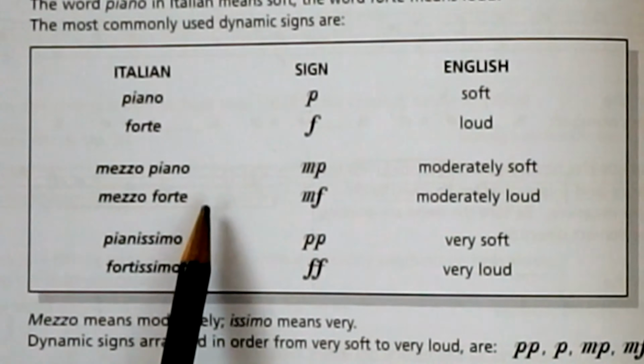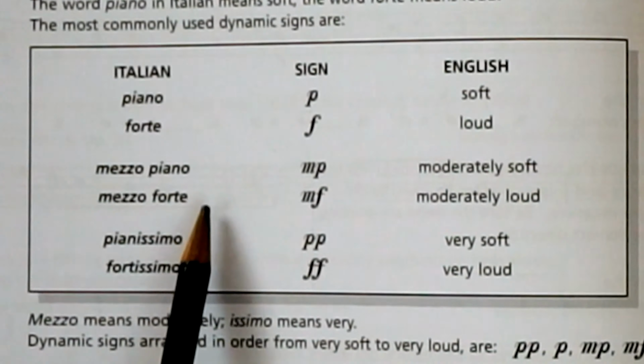All right, now time for DC, DS, Coda, and Fine. This gets everybody. So da capo, DC, del segno, DS, fine, and then Coda, this thing. So DC means from the beginning. So here, from the beginning.